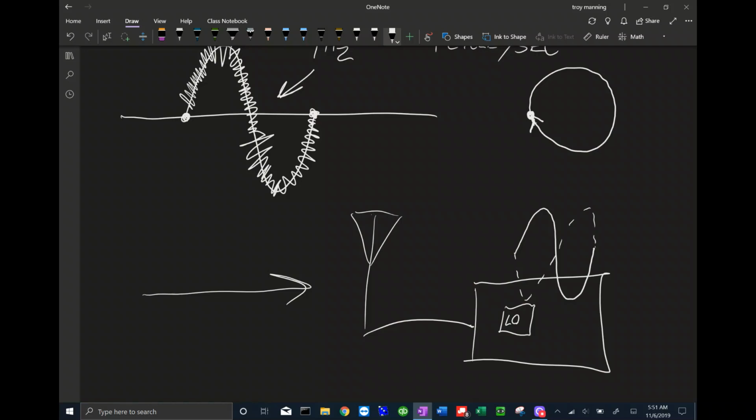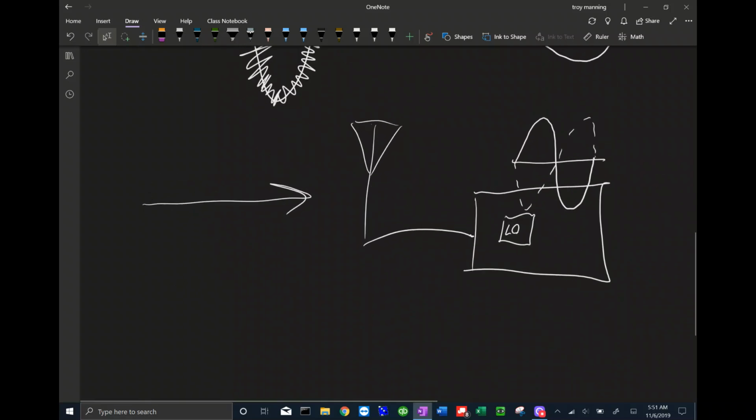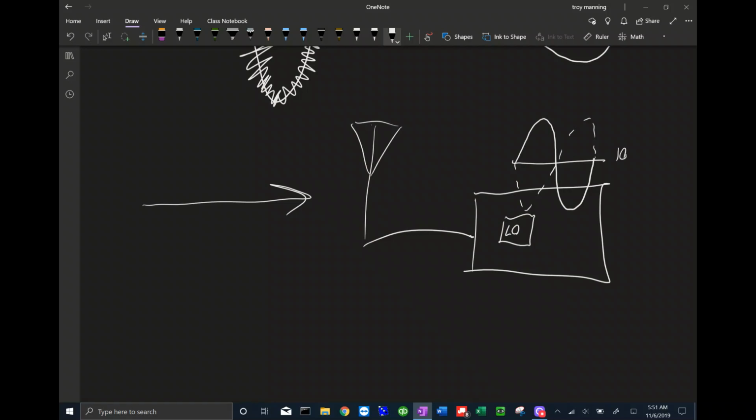Why does it do that, you say? Well, when waves mix, if you can basically produce the same wave 180 degrees out of phase, right? We can basically cancel that wave out. It'd be like two people pulling on the end of a rope. It'll just go away.